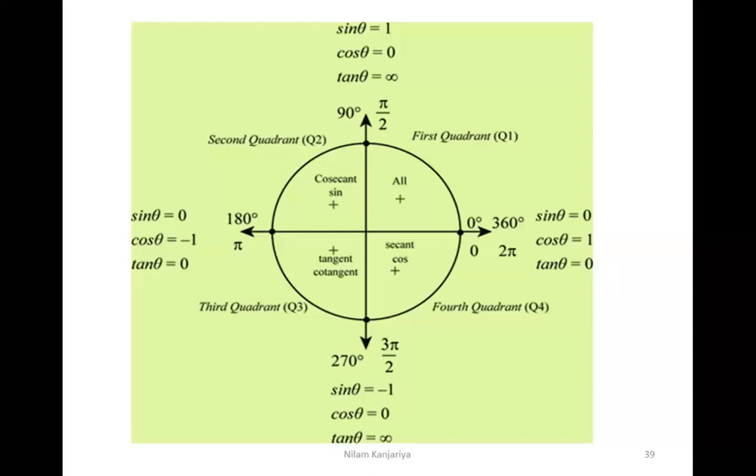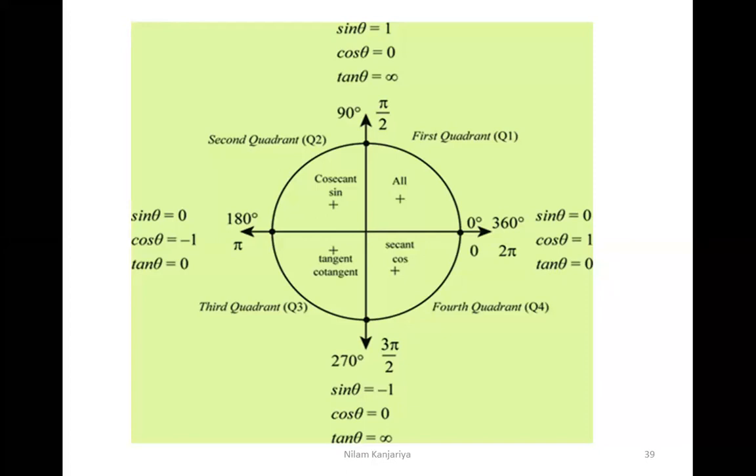I was drawing such a circle: 0, 90, 180, 270 and 360. That means one revolution is completed. Second, the degrees are converted into radians. 0 degrees is 0, 90 degrees is pi by 2, 180 degrees is pi, 270 degrees is 3 pi by 2 and so on.